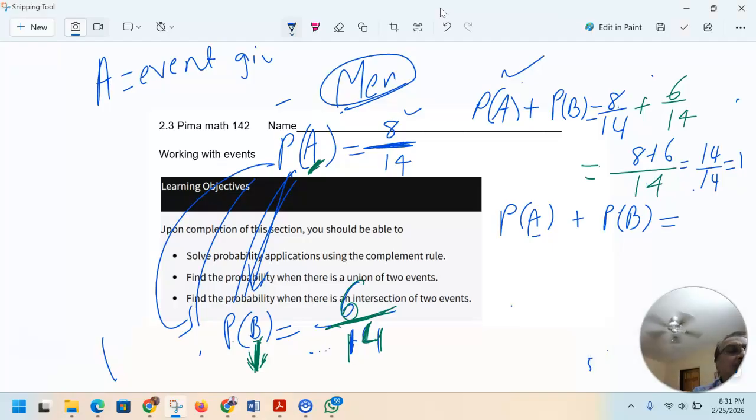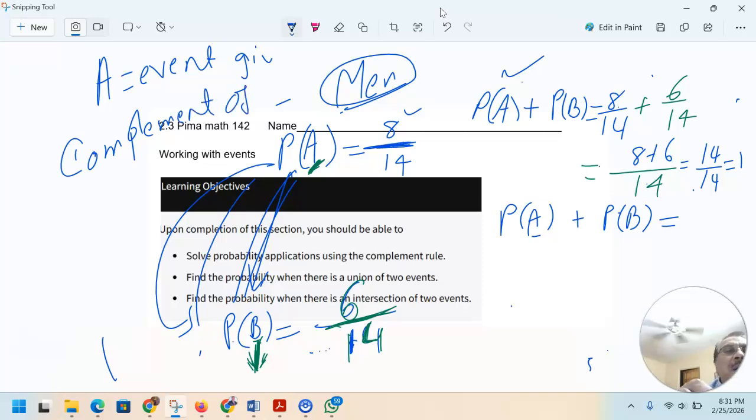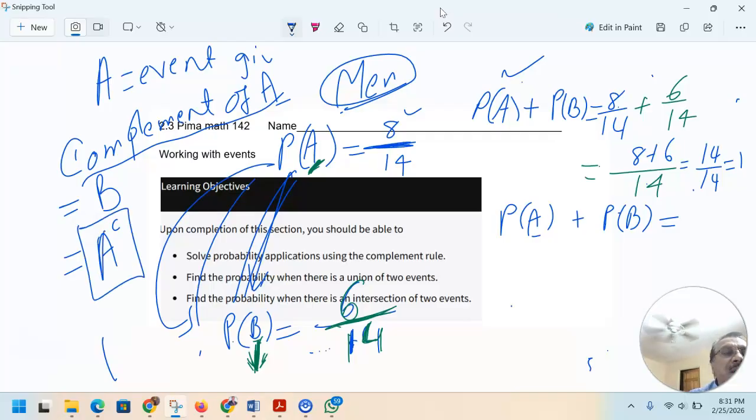And then when I say complement of A, we said let's call it B. When you write complement of A, basically it is written as A raised to small c. So that's what complement of A means, the outcomes which are other than A. I will give that example later.